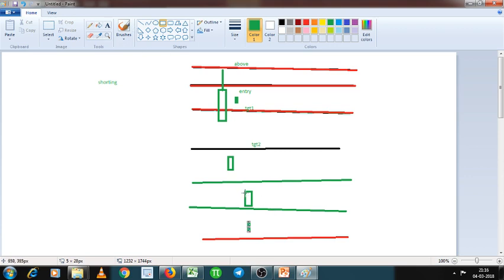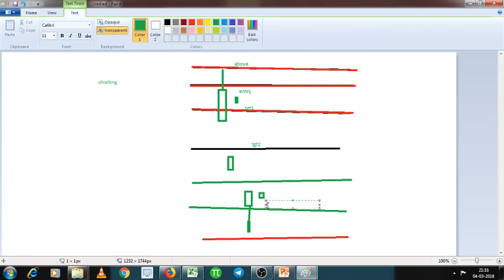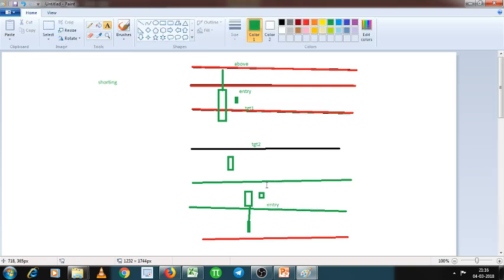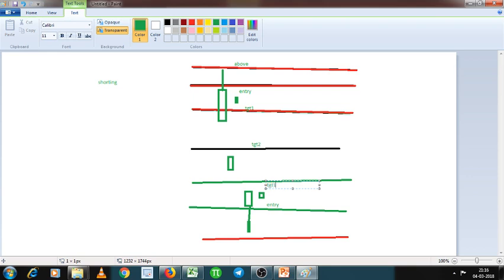For example, if you're going long, consider this particular item, this is actually the reverse. So if the stock opens around here the next day, your entry should be here at the support entry, and your target 1 should be here, and your target 2 should be here, and your stop loss should be here.